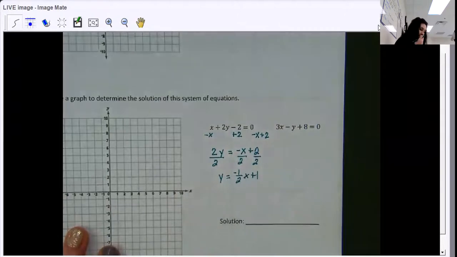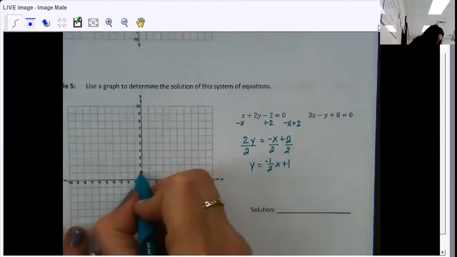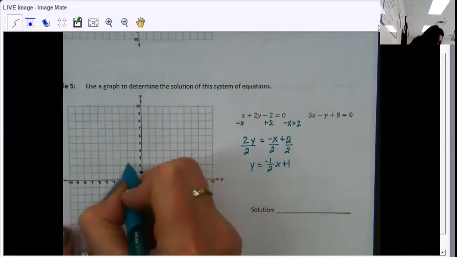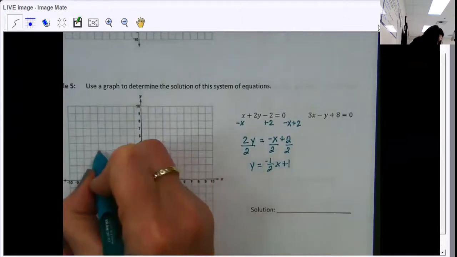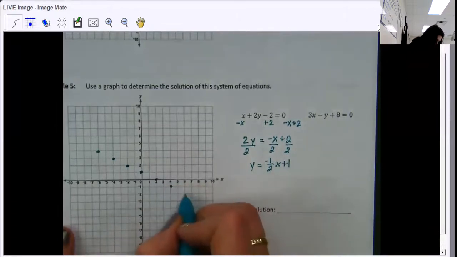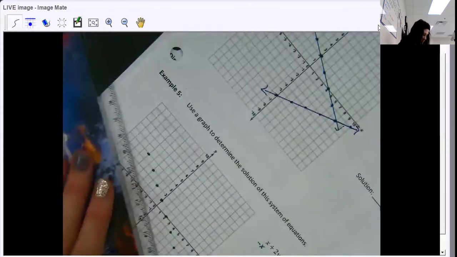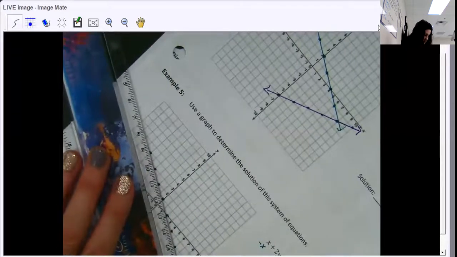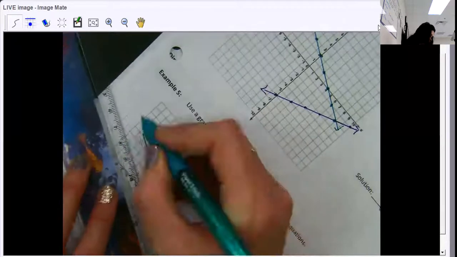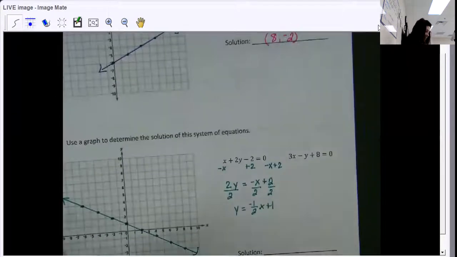Okay, so let's plot that. A lot of these are the same. Now I'm going to do my next equation.